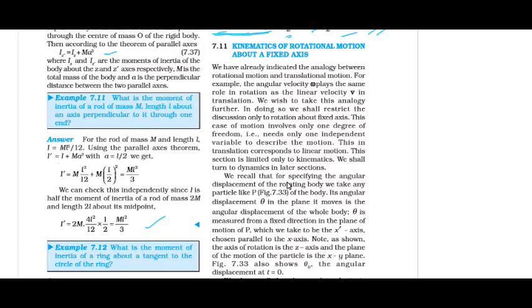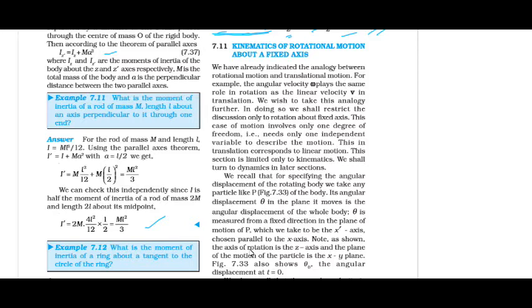We recall that for specifying the angular displacement of rotating body, we take any particle like P, figure 7.33 of the body. Its angular displacement is theta in the plane it moves in. The angular displacement of the whole body, theta, is measured from a fixed direction in the plane of motion of P, which we take to be x dash axis chosen parallel to x-axis.